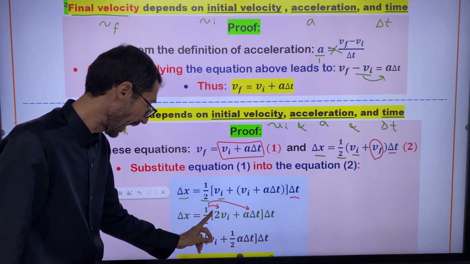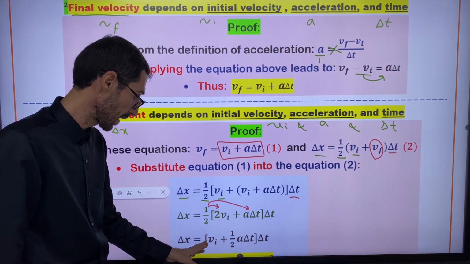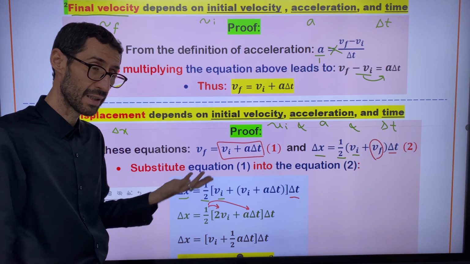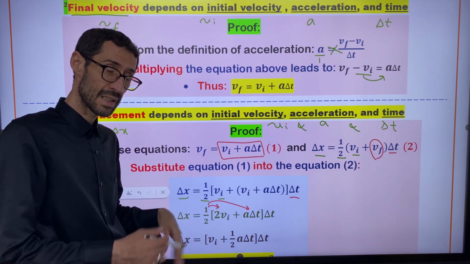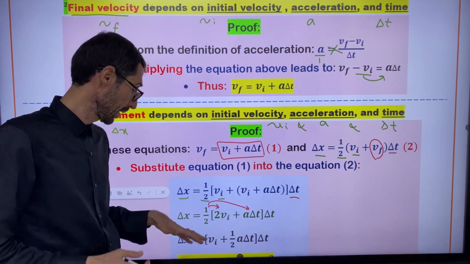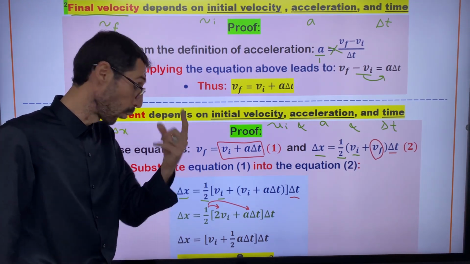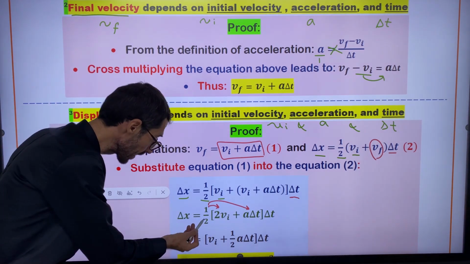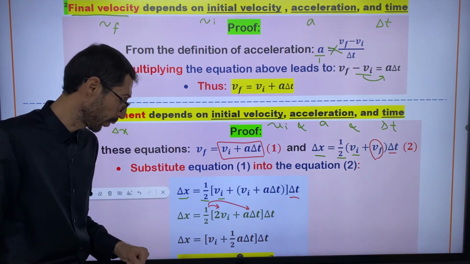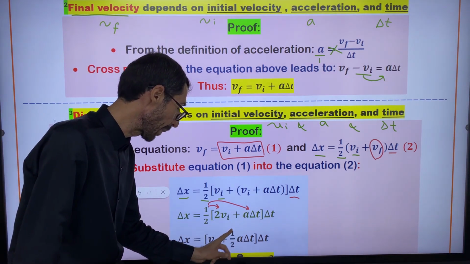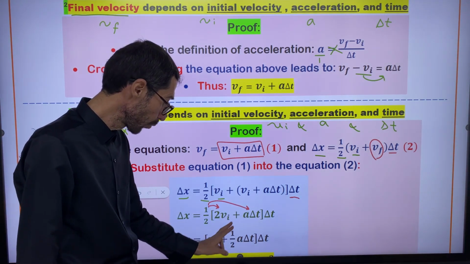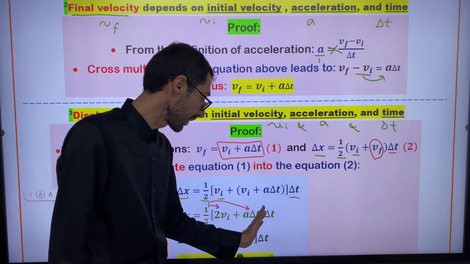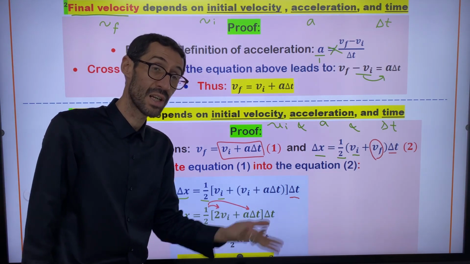So 1/2 multiplied by 2 becomes vi, because any fraction multiplied by its inverse, the result will be 1. That's why vi remains without any fraction, because 2 simplifies with 2, plus 1/2 multiplied by a delta t. Here, 1/2 becomes a coefficient of a delta t, and the second delta t remains outside the bracket.